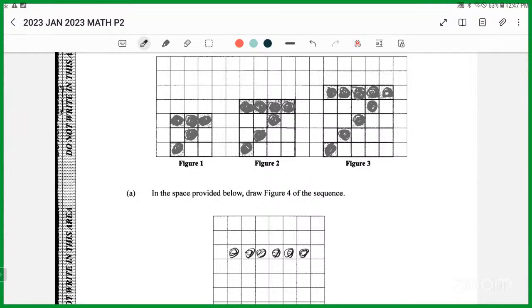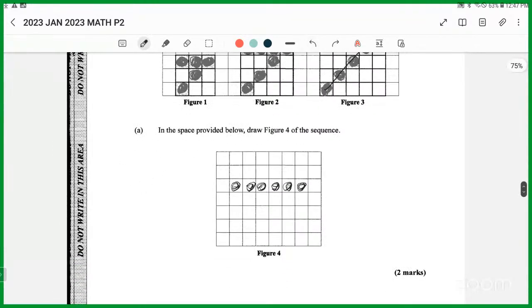Then notice the diagonal comes down until it's underneath the first one. You see that? It comes down the diagonal until you're underneath the first one. So we need to come down this diagonal until we're underneath this first one, right?